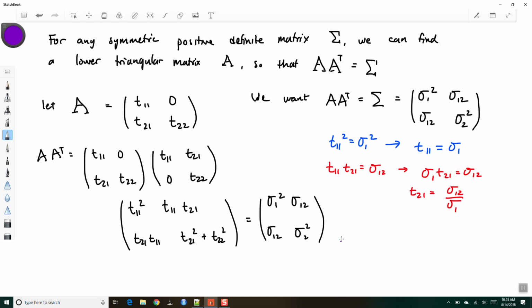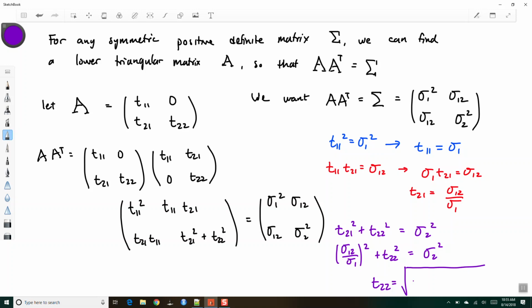Okay, and then lastly, we've got T21 squared plus T22 squared is equal to sigma 2 squared. And so T21 is sigma 1,2 over sigma 1, squared, plus T22 squared equals sigma 2 squared. So we get T22 is equal to the square root of sigma 2 squared minus (sigma 1,2 over sigma 1) squared.